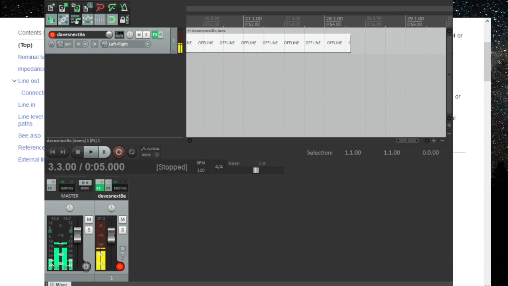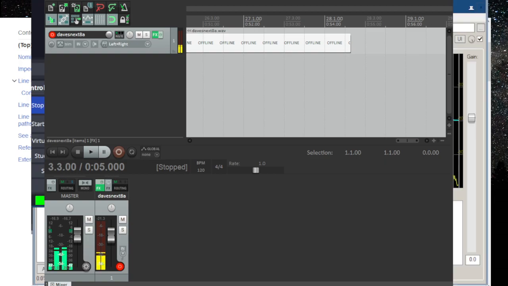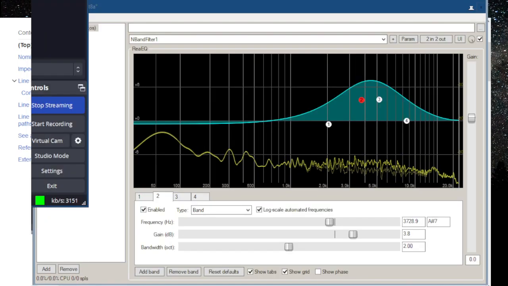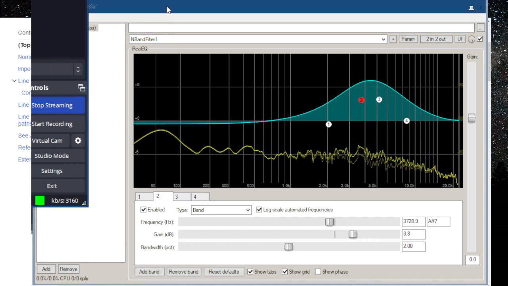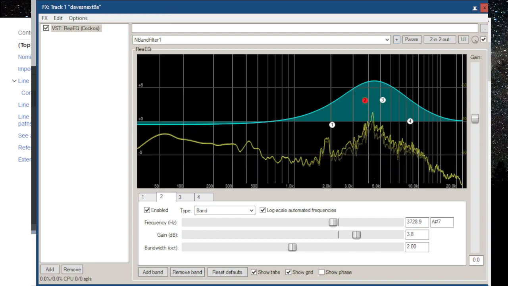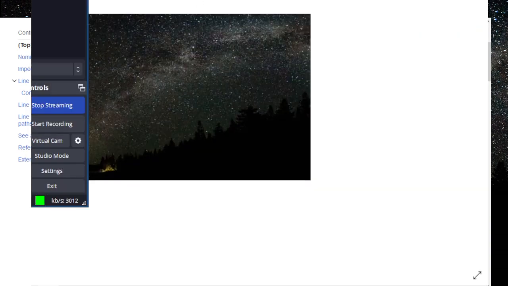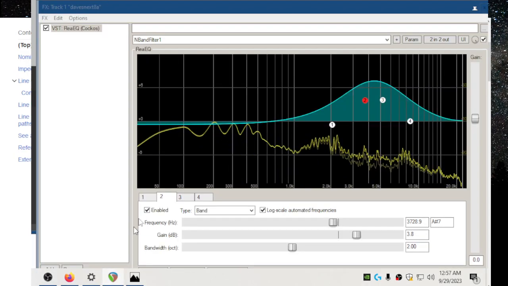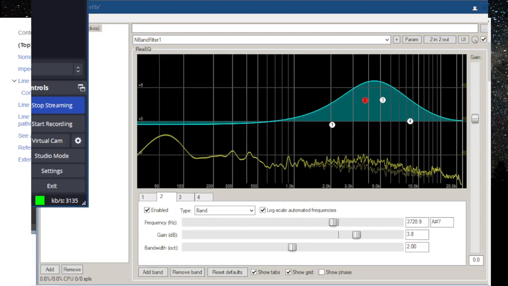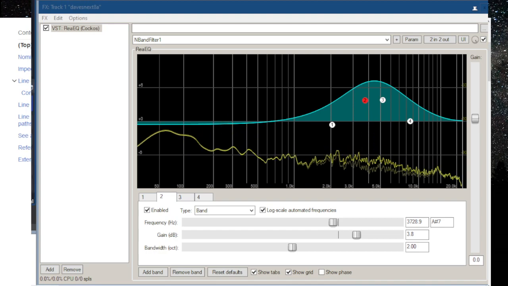It's just kind of confusing with OBS. So Reaper, what is that? It's going to be this one. Okay, it's a little bit out of place. I gotta have Reaper up, and I can't. You can't see everything.